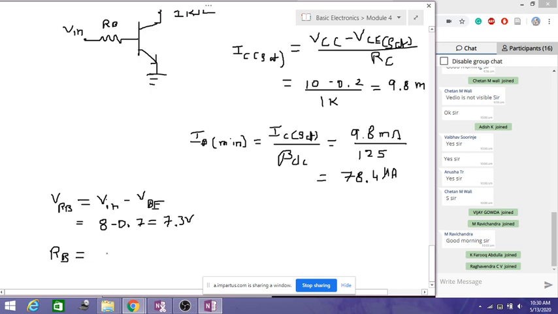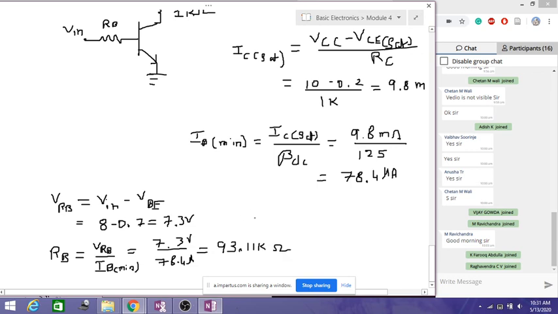RB is equal to VRB by IB saturation. This is IB saturation, or IB minimum also we can write, the minimum current required to make the transistor enter into saturation. So this is 7.3 volts by 78.4 microamperes, which is equal to 93.11 kilo ohms.